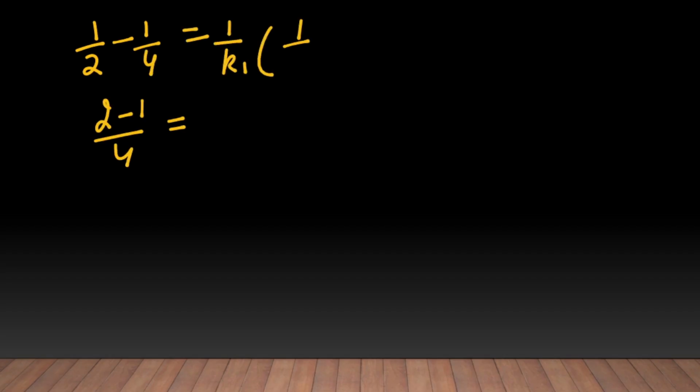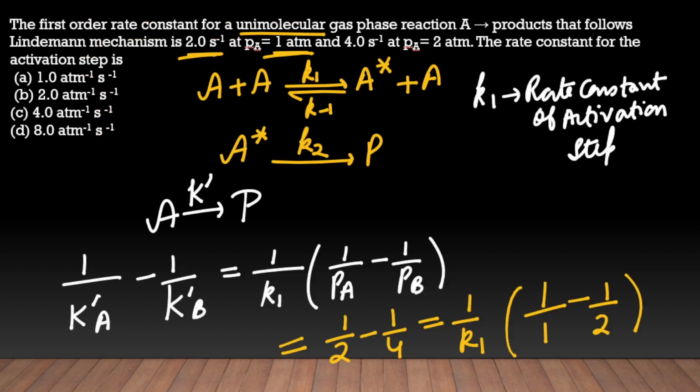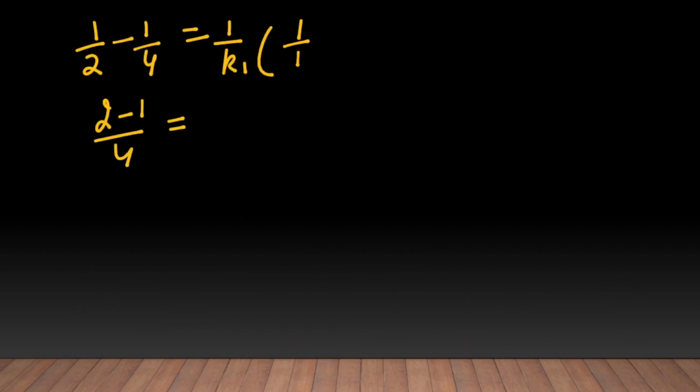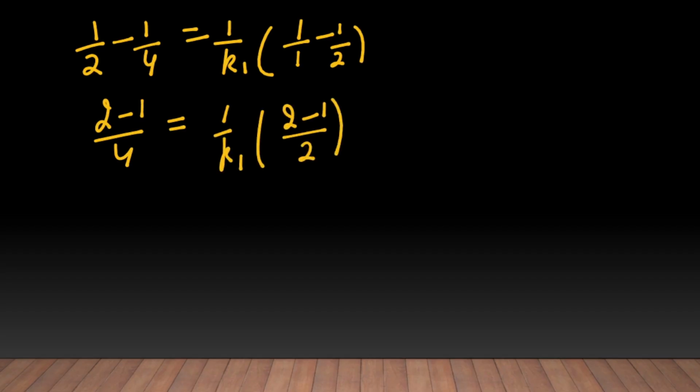So we have 1 by 2 minus 1 by 4, which comes out to be 2 minus 1 upon 4. This is equal to 1 by K1 into 1 upon 1 minus 1 upon 2, which becomes 2 minus 1 upon 2 only.